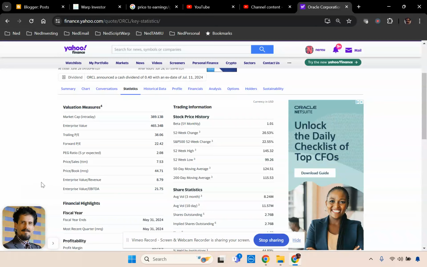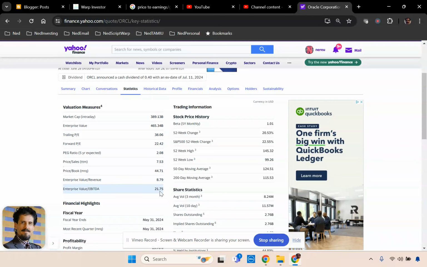And you could also look at the enterprise value to EBITDA as another indication, another number that is similar to the trailing PE, although this number often reflects the forward PE better than the trailing PE. As we can see here, it's closer to the forward PE, but even the forward PE of 22 is too expensive.